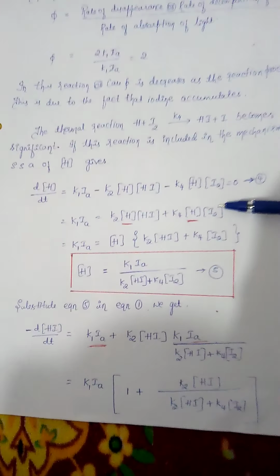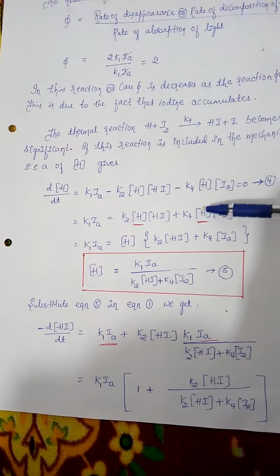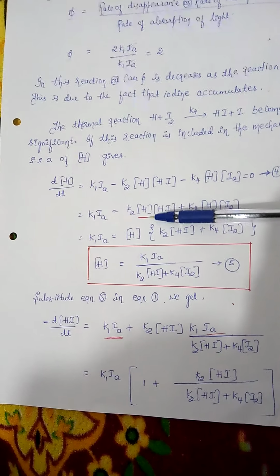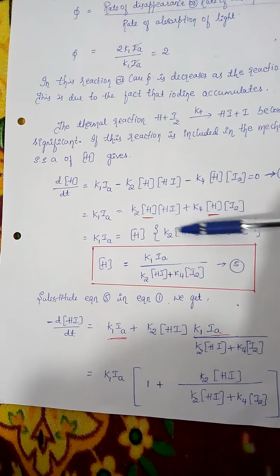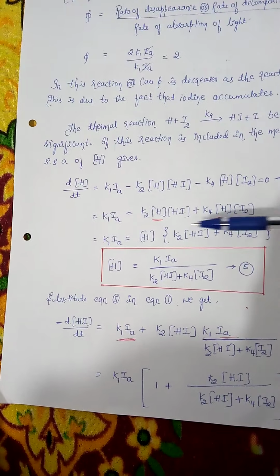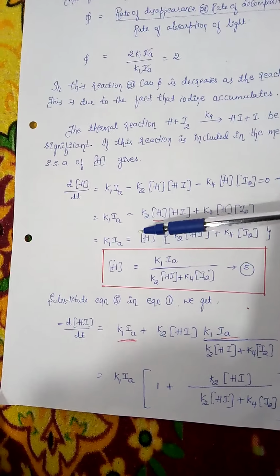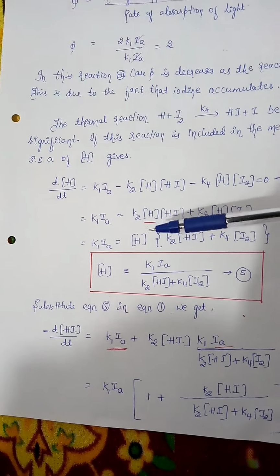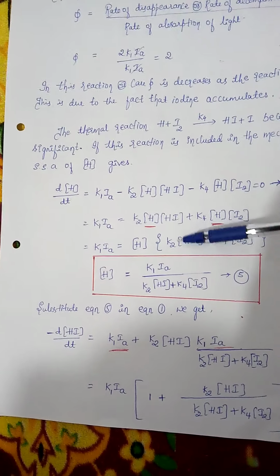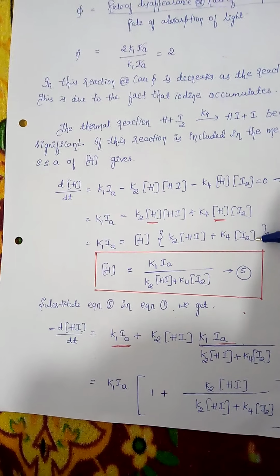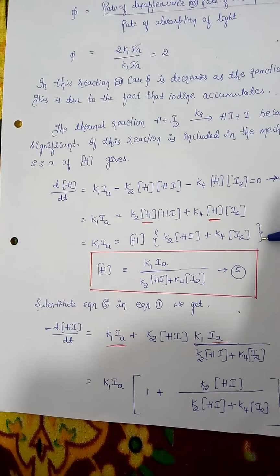Here, if you observe this equation, the concentration of H is taken as a common factor, so this one is taken outside. So now the equation becomes K1Ia is equal to [H] into K2 [HI] plus K4 [I2].